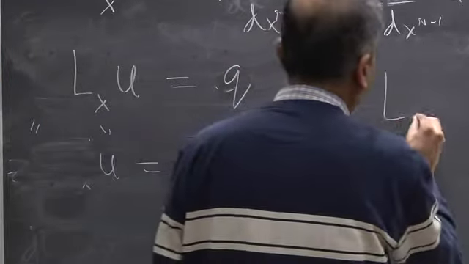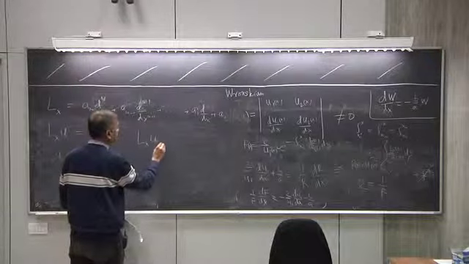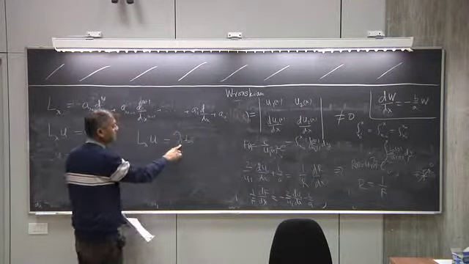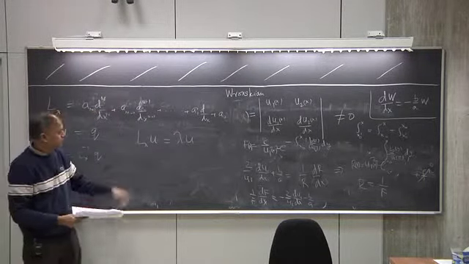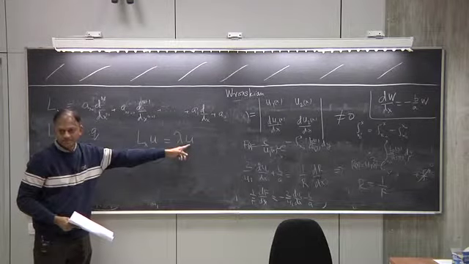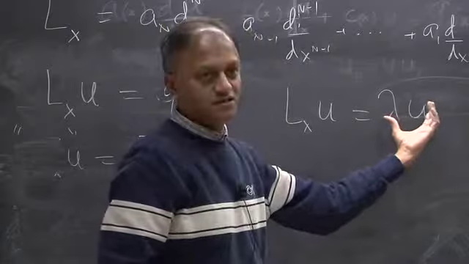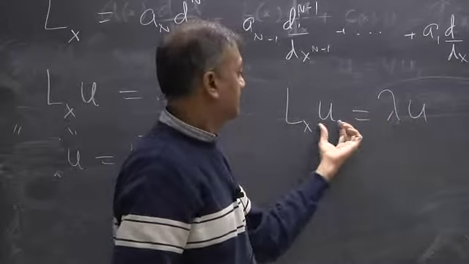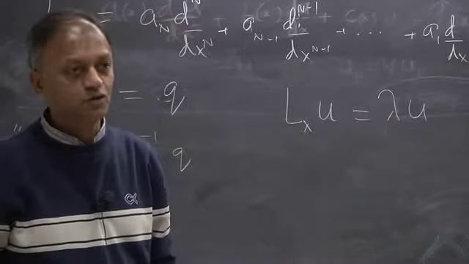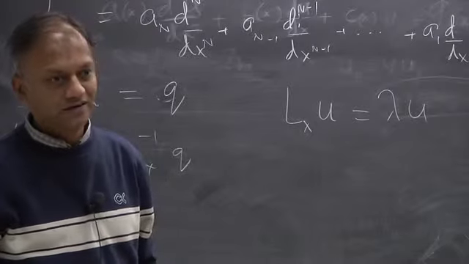Generally the eigenmode problem will be Lx u equal to lambda u, where lambda is the eigenvalue and u is the corresponding eigenfunction. So in particular, if lambda is 0, the right hand side is 0, and that is what we call solutions to the homogeneous equation.